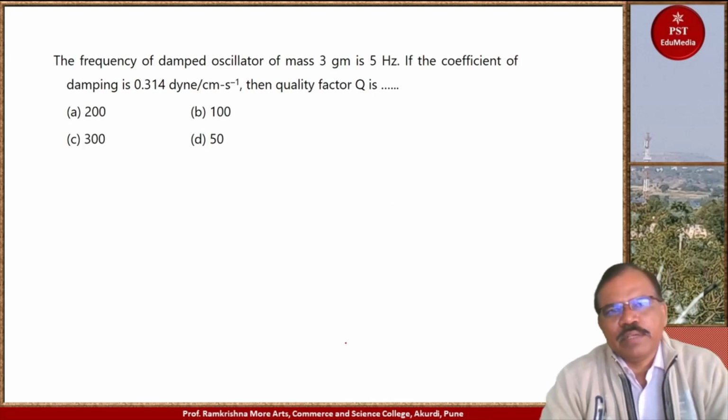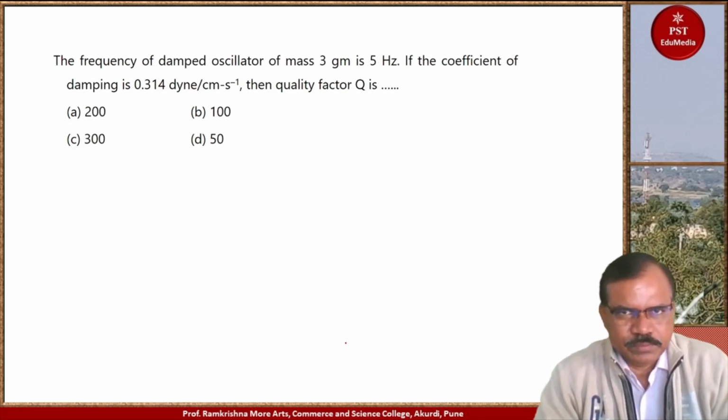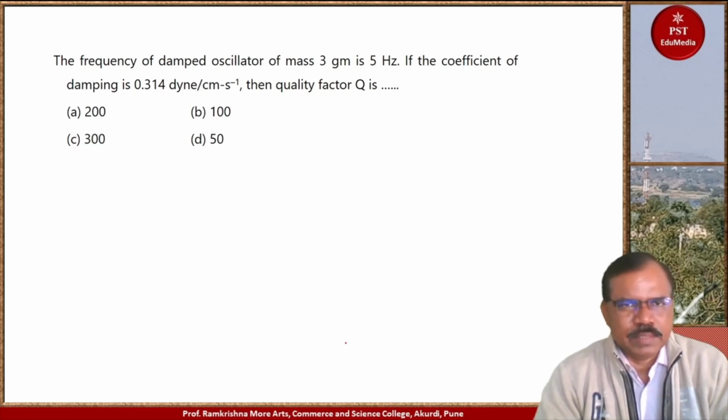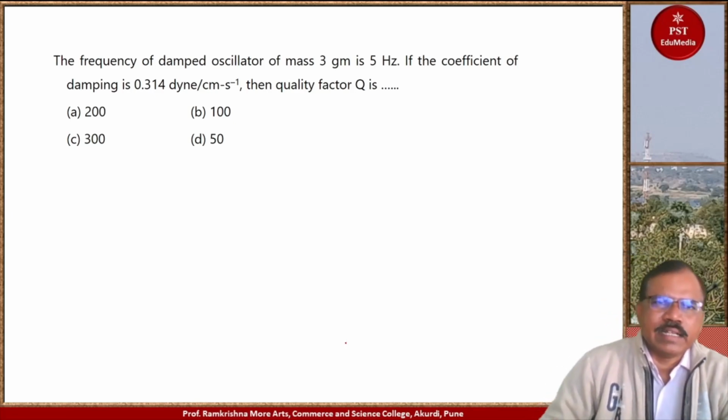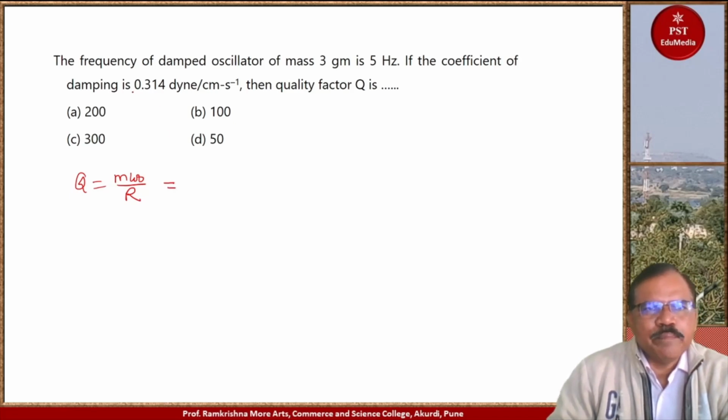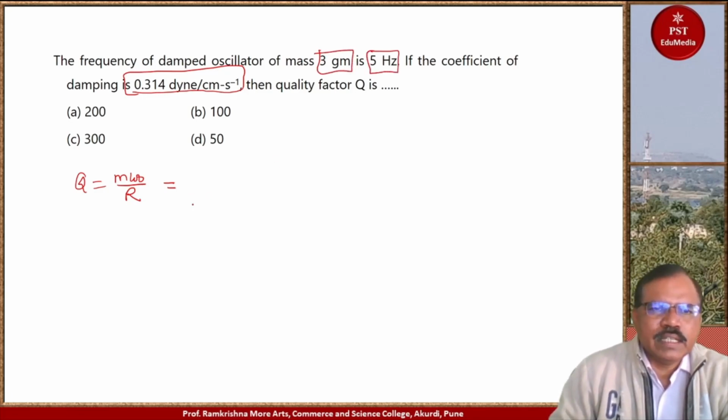The frequency of a damped oscillator of mass 3 gram is 5 Hz. If the coefficient of damping is 0.314 dyne per centimeter per second, then what is the quality factor? We know quality factor Q is equal to m omega 0 upon R. Damping coefficient, mass and frequency are given.